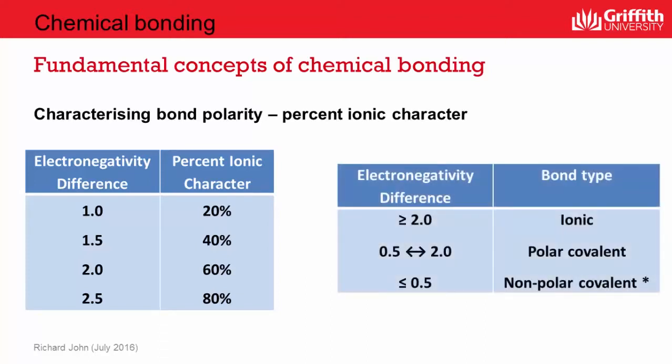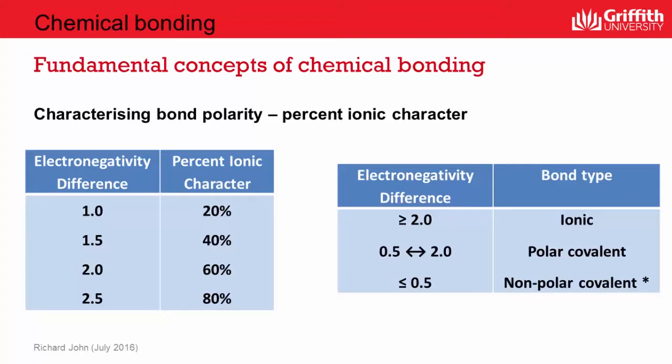And as a rough guide, we can say that bonds where the electronegativity difference between the two atoms is greater than or equal to 2, we can consider them ionic. If the difference in electronegativity value is between 0.5 and 2, we can consider that bond type to be a polar covalent bond.